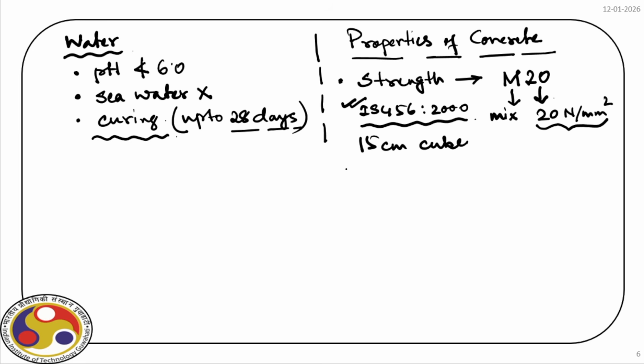Now, the next property of concrete that is extremely important is its durability. What do we mean by durability? It is the property by virtue of which concrete is capable of resisting disintegration and decay.